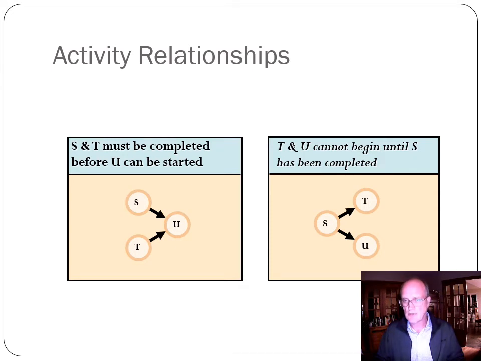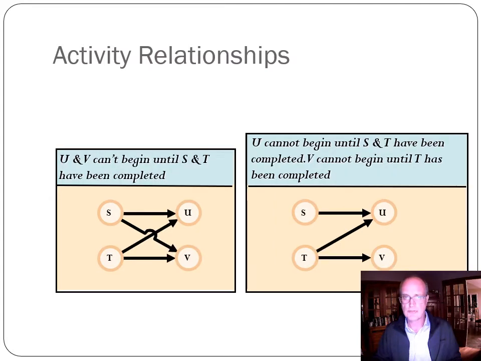And in this example, S has to be finished before either T or U can start. Now, one can start before the other, but neither of them can start till S is finished. And they may be different lengths, so they might finish at different times, but the arrow reflects the constraint of a precedence relationship.